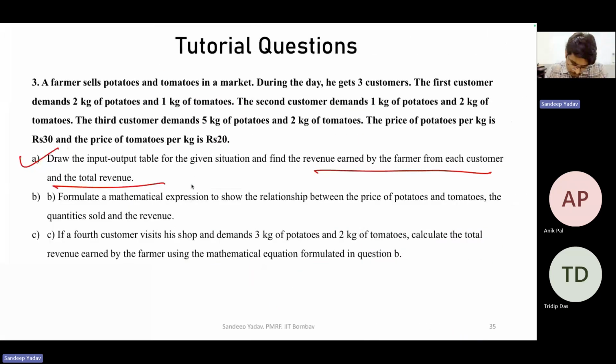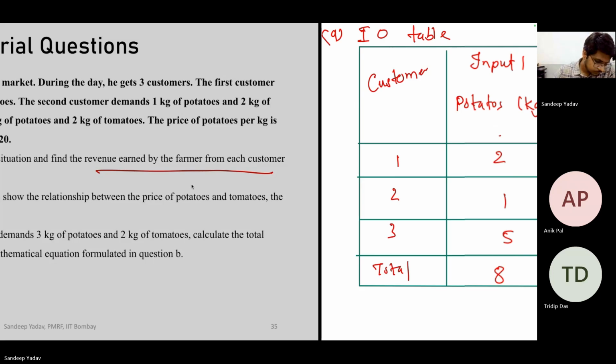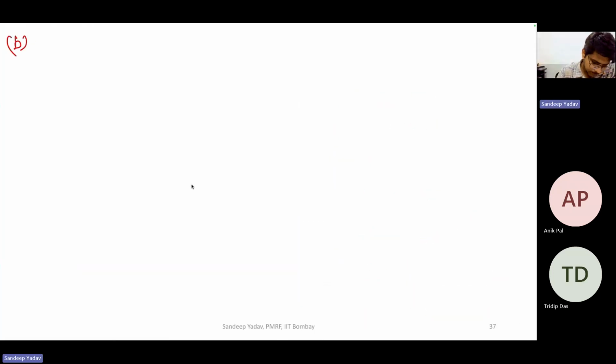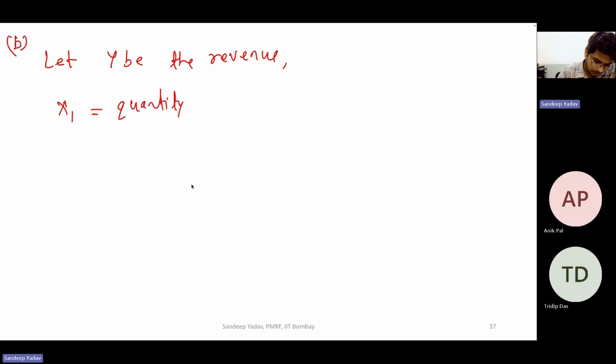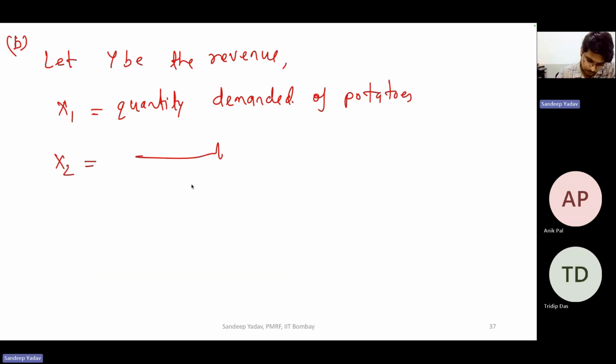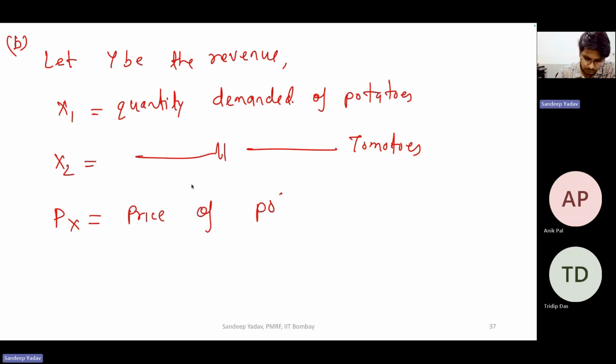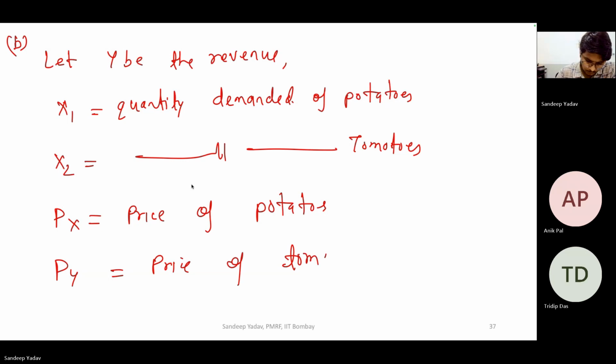Now question number 2 they are asking is to formulate a mathematical expression to show the relationship between the price of potatoes and tomatoes, the quantity sold, and the revenue. So let y be the revenue, x1 be the quantity demanded of potatoes, and x2 be the quantity demanded of tomatoes, and also px will be the price of potatoes and py the price of tomatoes.